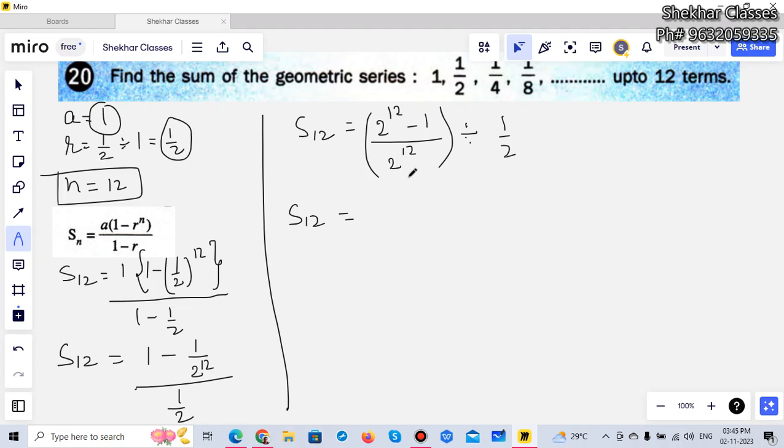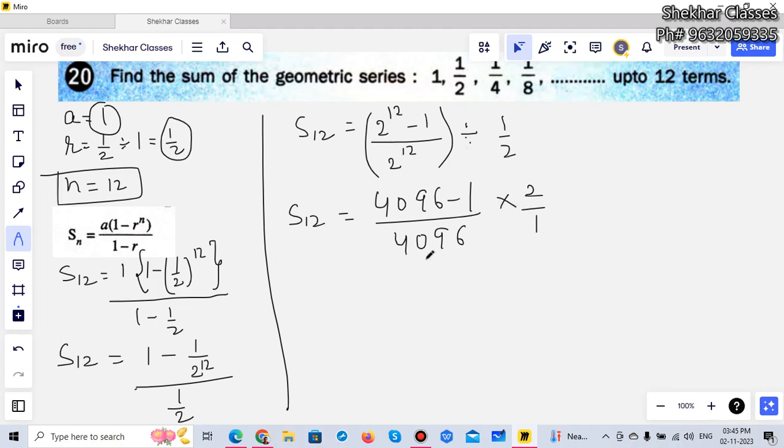You have to calculate that. 2 to the power 12 will give you 4096. I can use a calculator, but you cannot do it. So you have to be careful about this, and you have to learn how to find it out.